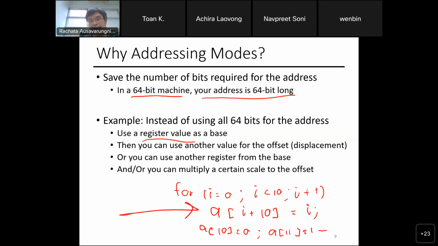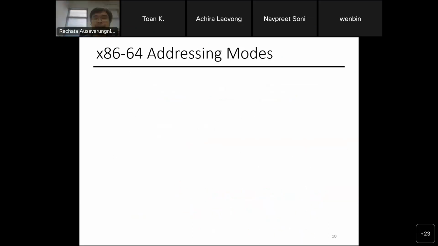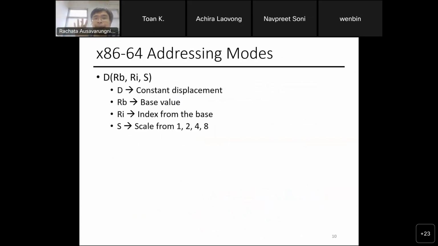So the people that design the ISA say, hey, we should have multiple ways we can use the address. The x86-64 says here is the addressing mode. There are 4 different numbers you can put in here. Notice the parentheses. So let's go step by step, right? If you see parentheses, what is that?